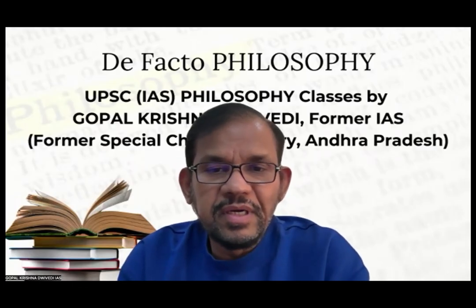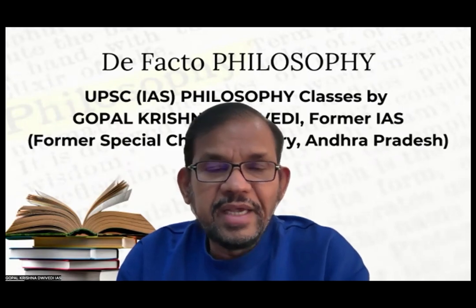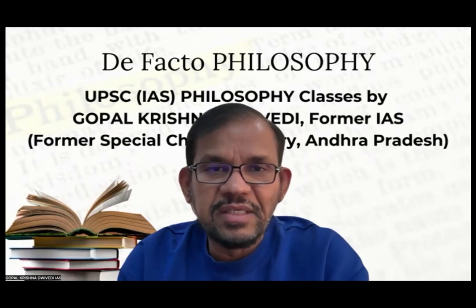So today in that series, we will discuss section B of paper one, and we will try to find out what can be the model answers. As already told in previous classes, this year's paper was a little tougher than previous years' papers.